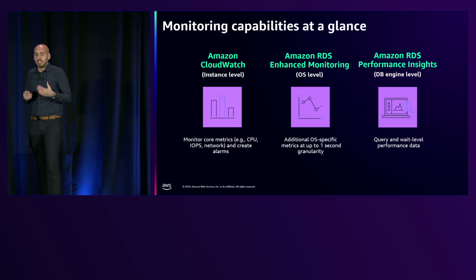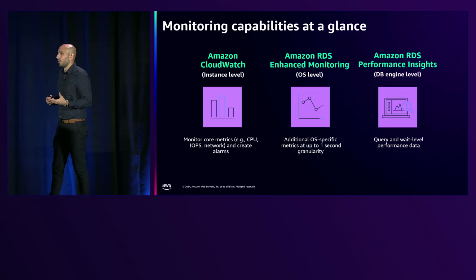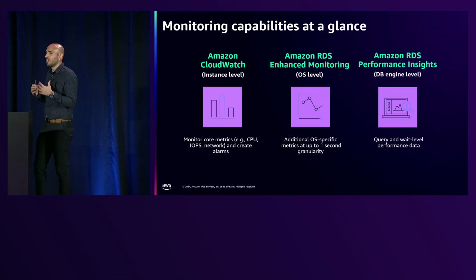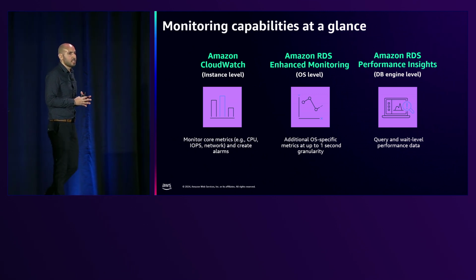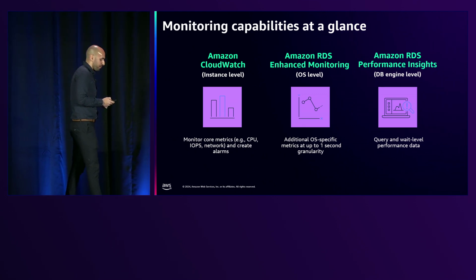And when it comes to deep dive database level monitoring, including visualization of SQL statements and wait events, this is where RDS Performance Insights is the right tool to use.